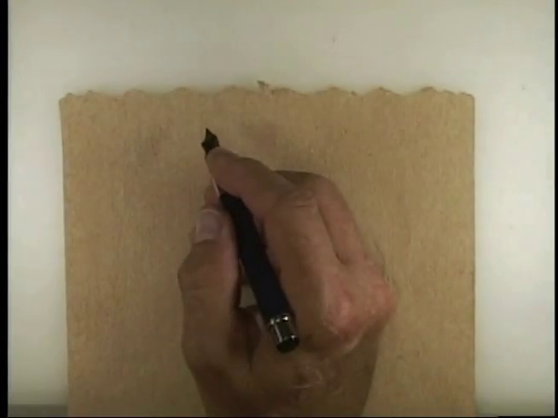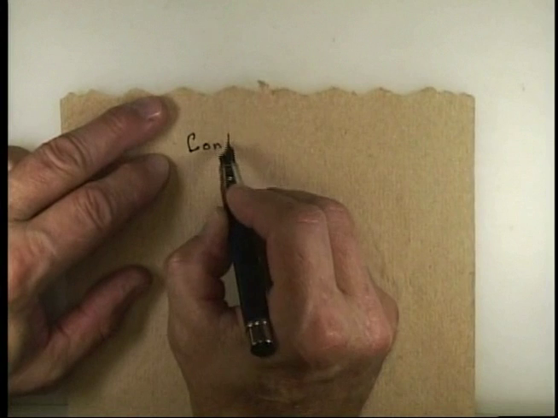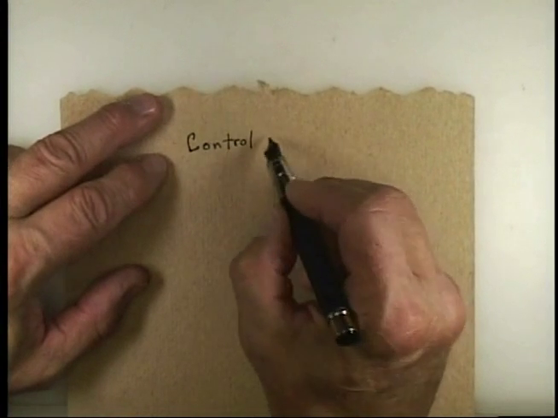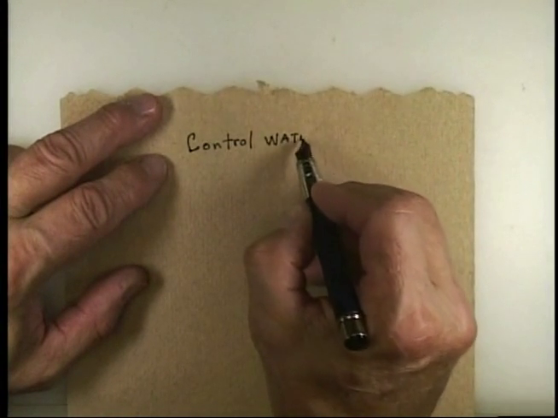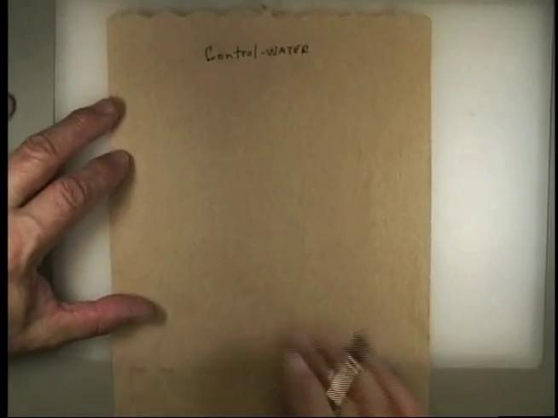And what we need to do now is set up our 2 paper towels. I'm going to do one, and it's pretty easy to set up. So here's my paper towel right here. Since we're going to do control first, I want you to go ahead and write on this one right here, control water. I'm going to use my whole paper towel.